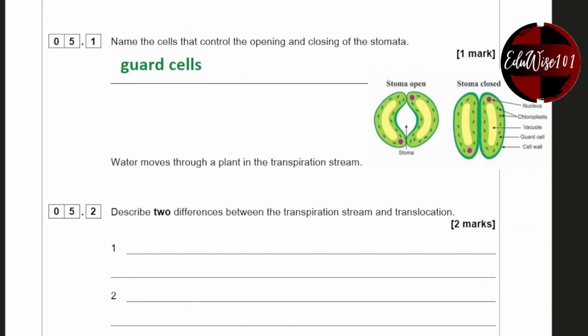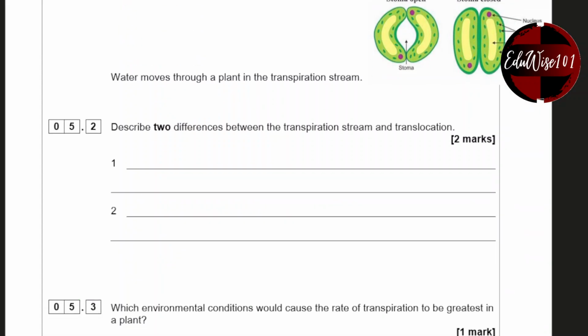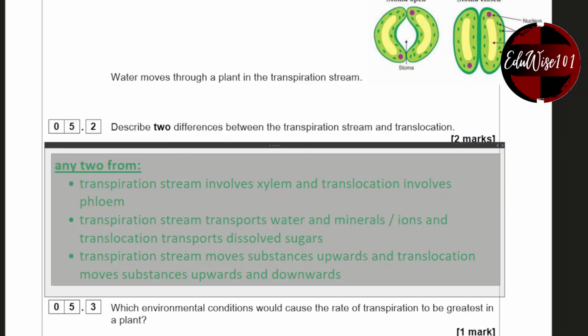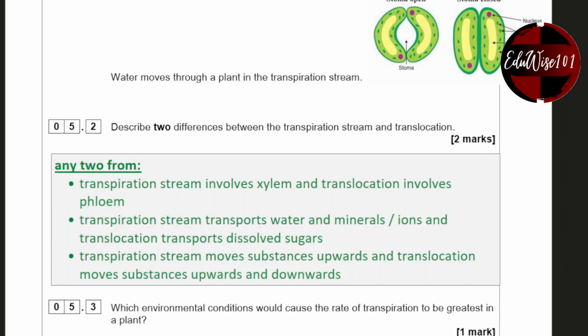Water moves through a plant in the transpiration stream. Describe two differences between transpiration stream and translocation. Now, transpiration and translocation are two key processes in which plants move substances, in which materials move.